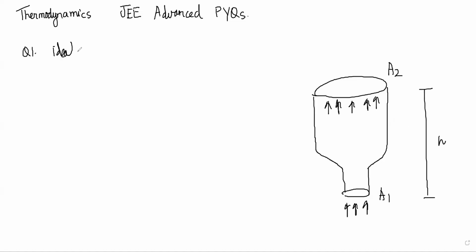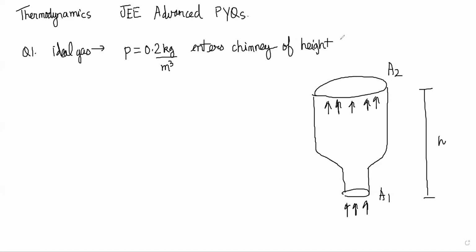An ideal gas of density rho equal to 0.2 kg per meter cube enters a chimney of height h at the rate of alpha equal to 0.8 kg per second.